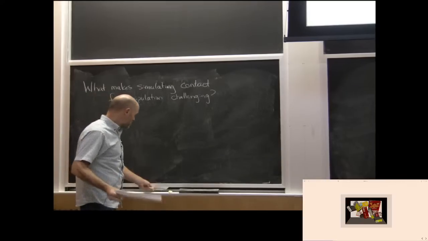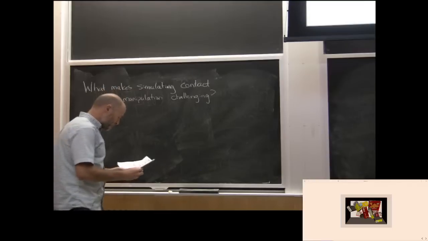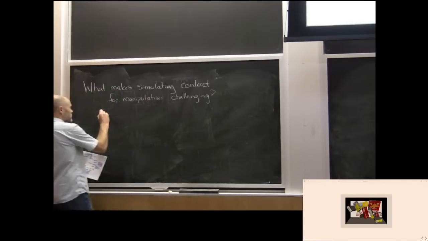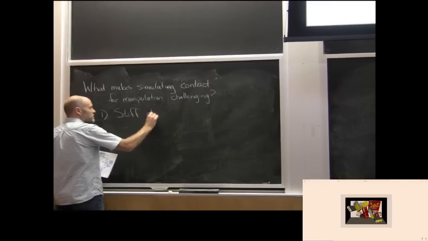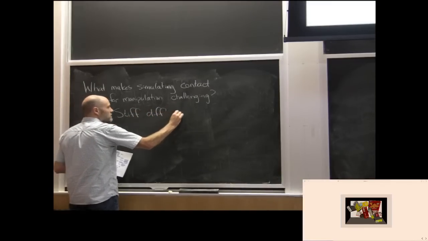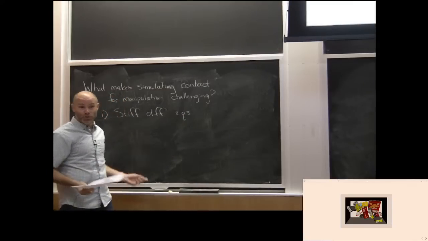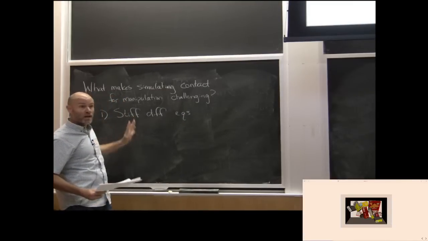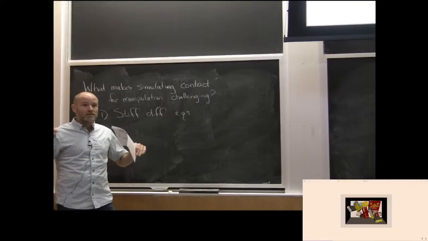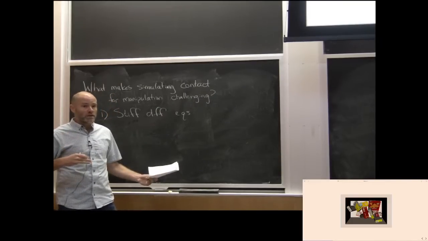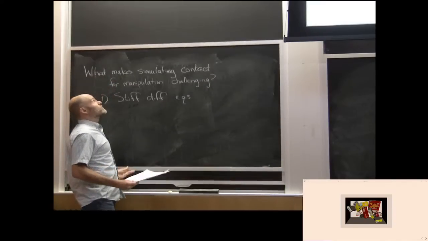The simulation, of course, means many things, but I'm talking about the physics engine piece of the simulation today, okay? And the first one is that we often end up with stiff differential equations. This is partly under your control, how stiff these are. And even just as a user of these simulations, understanding where stiffness comes from and how to deal with it will help you use these tools better and understand, when things go wrong, what you can do to fix them.